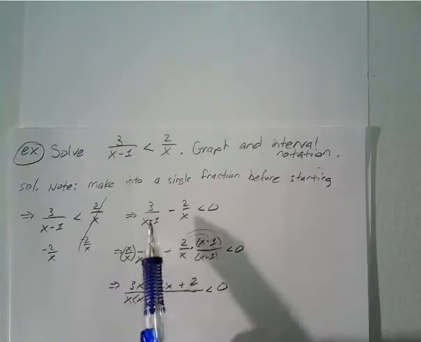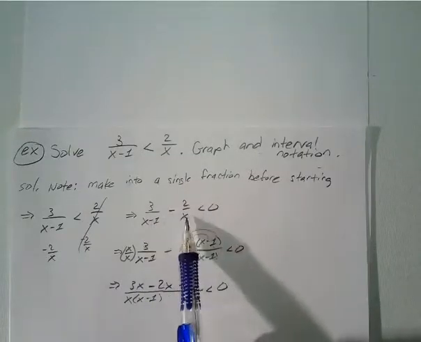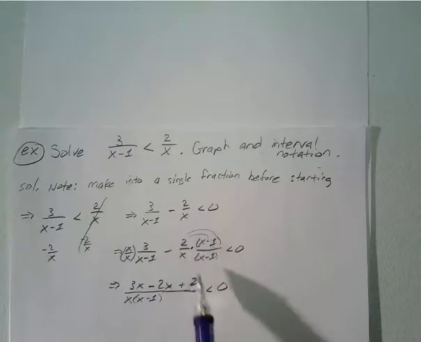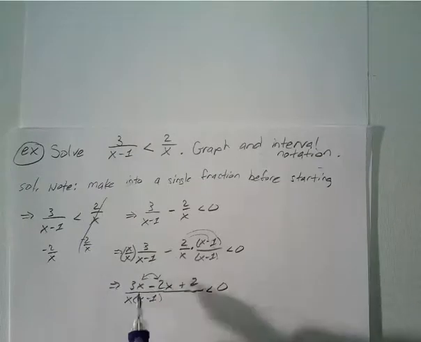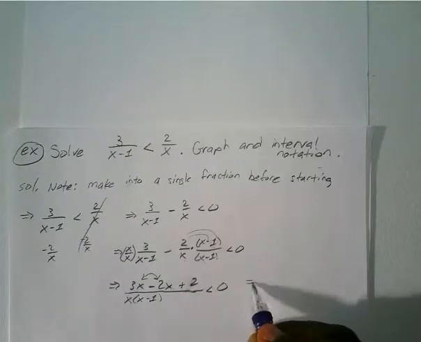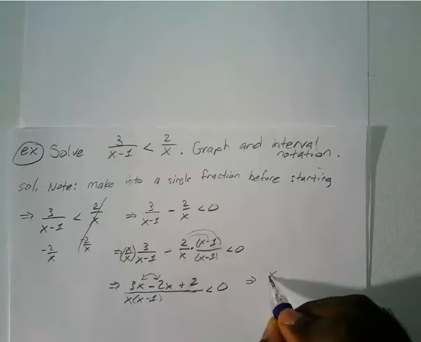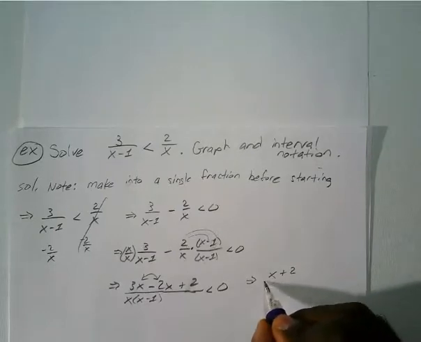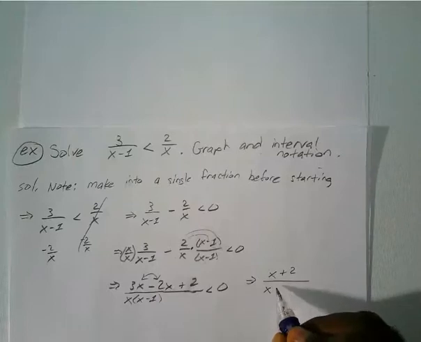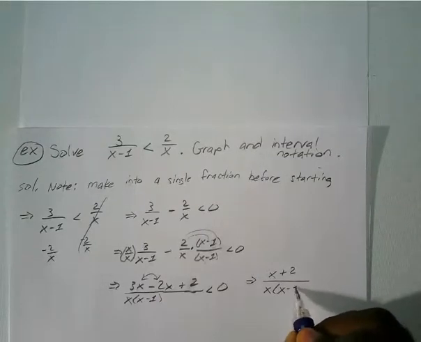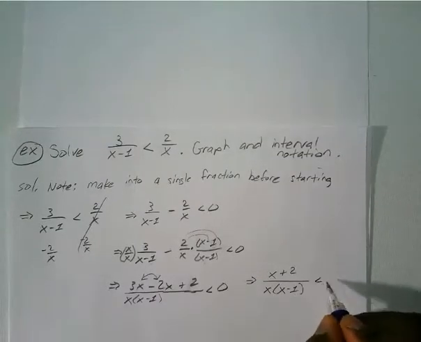Okay, so all we did was take those two separate fractions, give them like denominators, and then just add them together. So if we combine those two, 3x minus x gives us just x. So you have x plus 2 over, we don't combine these, these are already factored, so we want x times x minus 1 is less than 0.